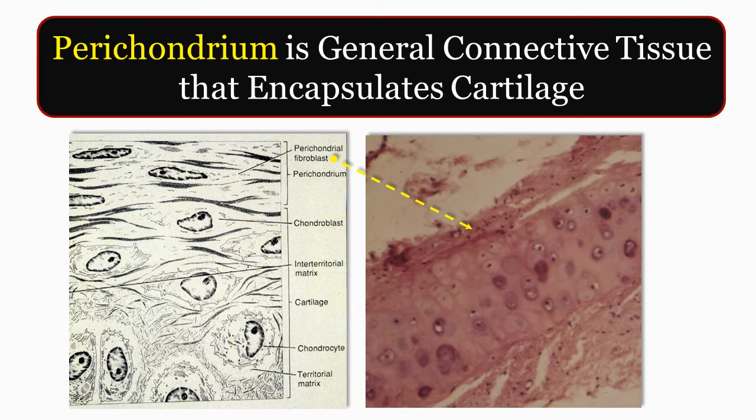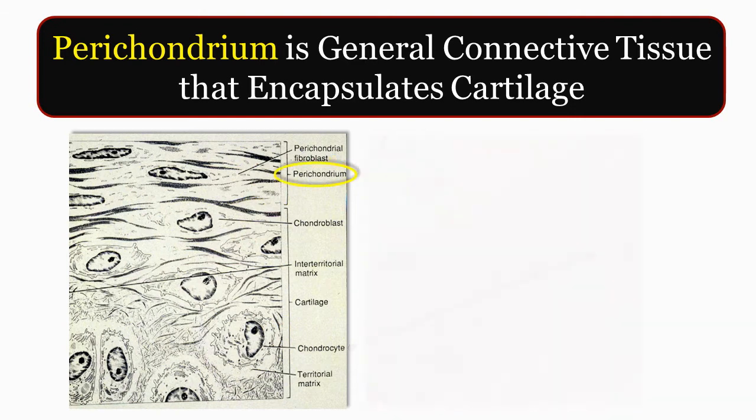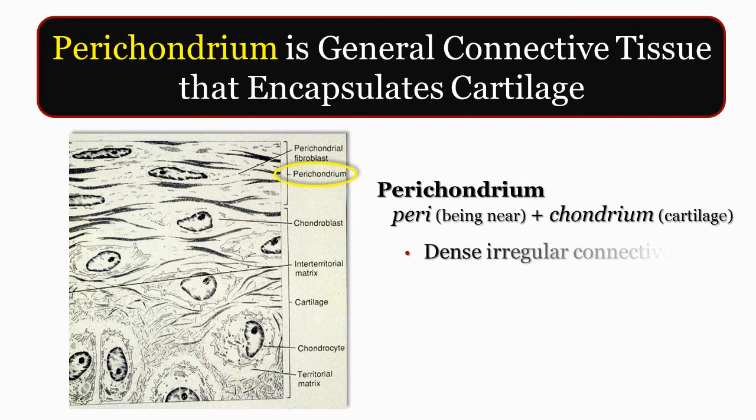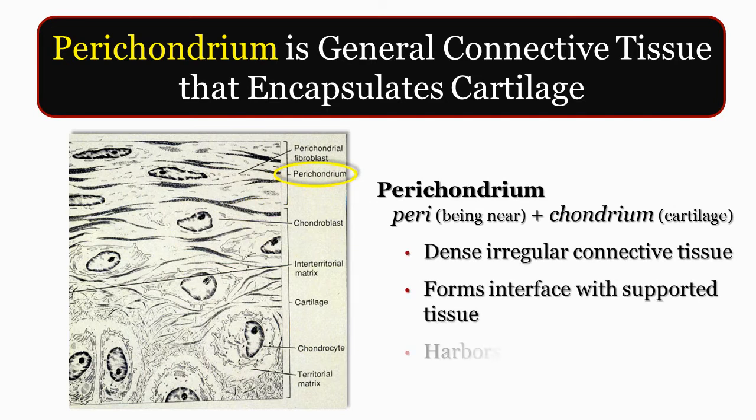The perichondrium is a source of cells for the production of cartilage. Also, the perichondrium is a source of nutrients for cartilage. Indeed, cartilage is the only type of connective tissue that is avascular. It does not have blood vessels, and as a consequence gets nutrients from the surrounding perichondrium.